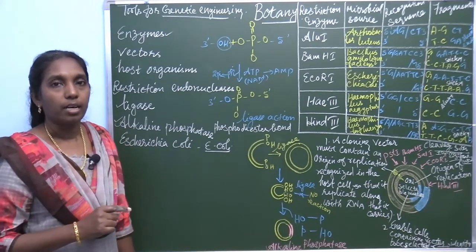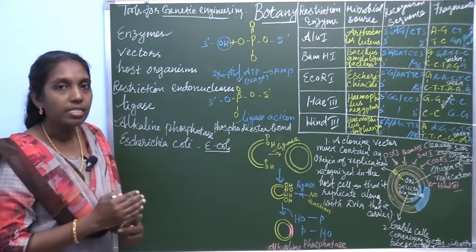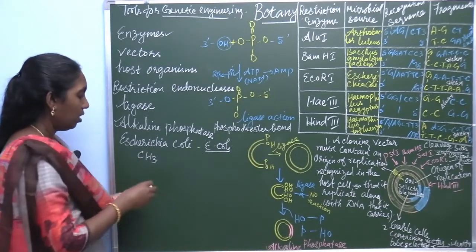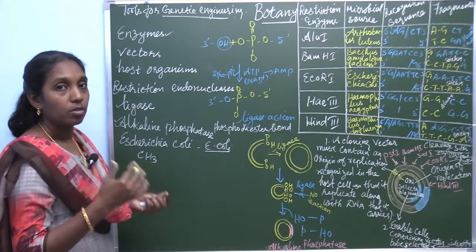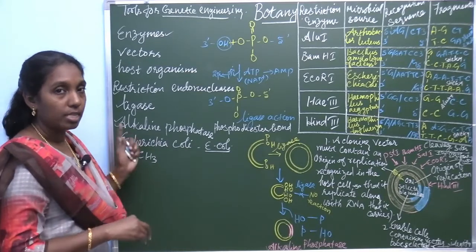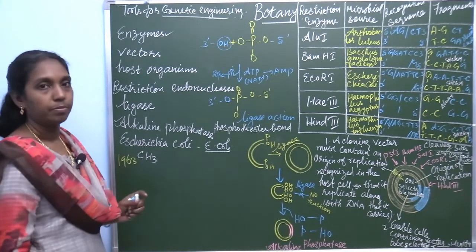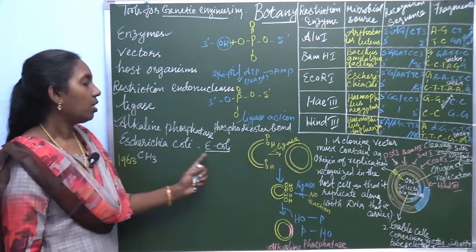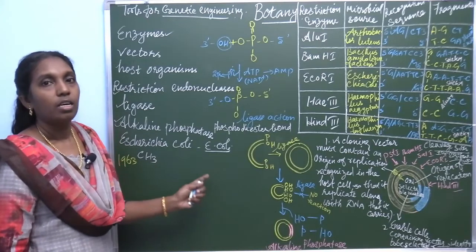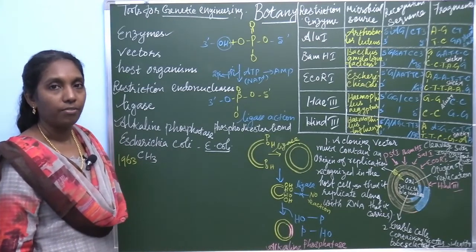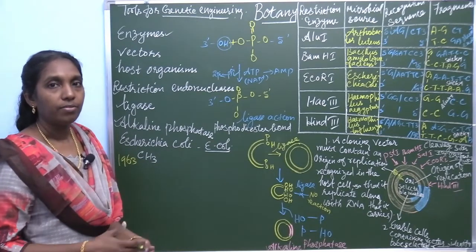One enzyme adds a methyl group, CH3. These two enzymes were discovered in the year 1963 in E. coli bacteria, which is infected by bacteriophage.